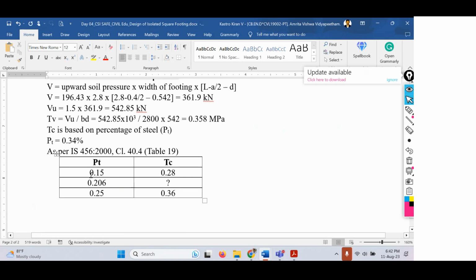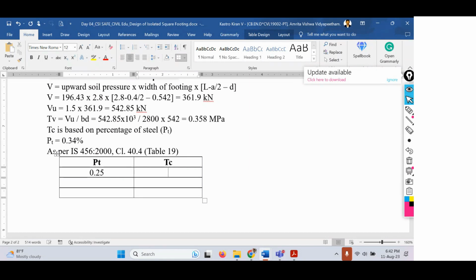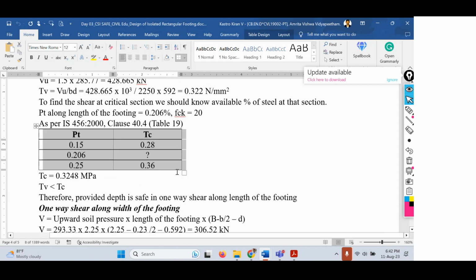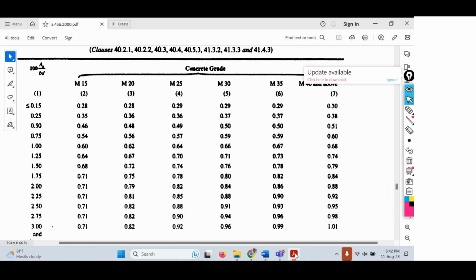So PT is 0.25, here it is 0.34, and then we have it for 0.5. When PT equals 0.25, the value of tau c is 0.36, and for 0.5, the value of tau c is 0.48.